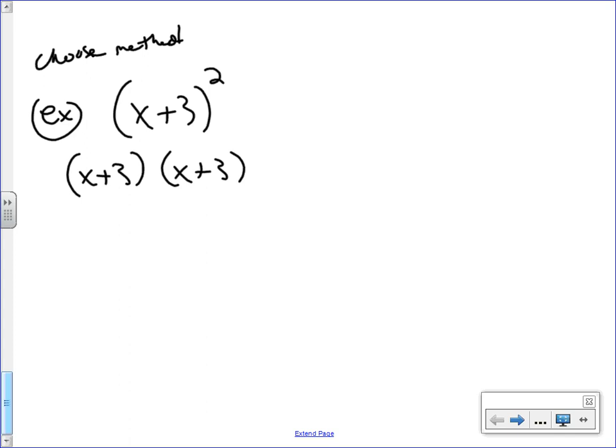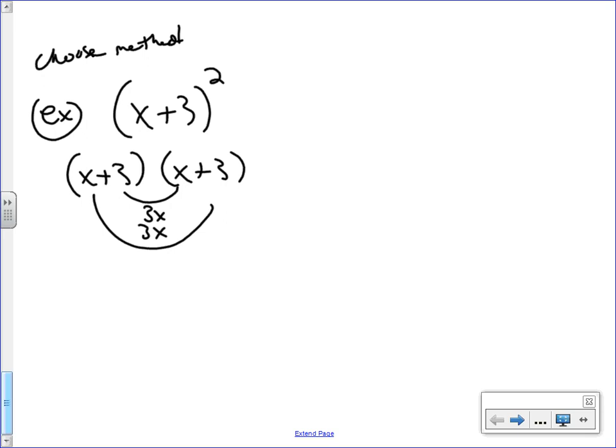You need to write it out or you're going to mess up. Some people think that they can get this answer by a shortcut. There is a shortcut, but people don't remember it, so I don't like to teach it. So now you're going to do the whole thing, and I'm going to do the FOIL method like this, because that's the way I like to do it.